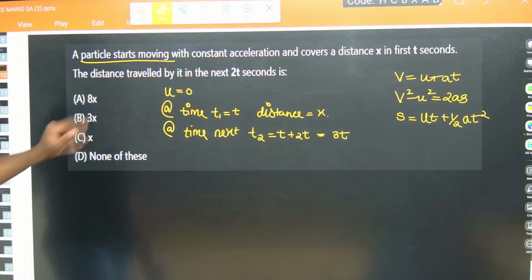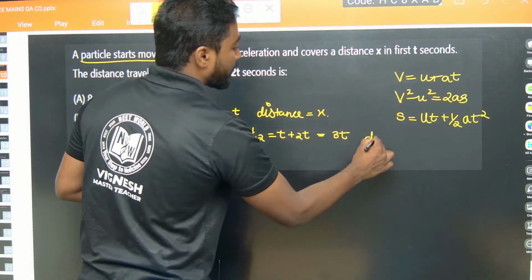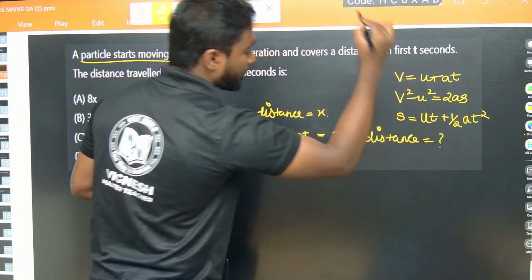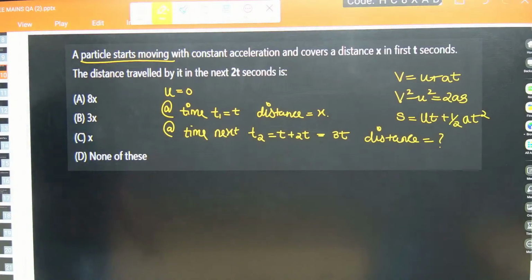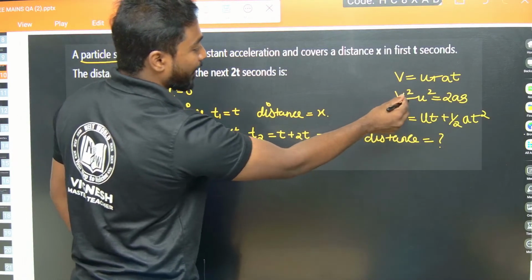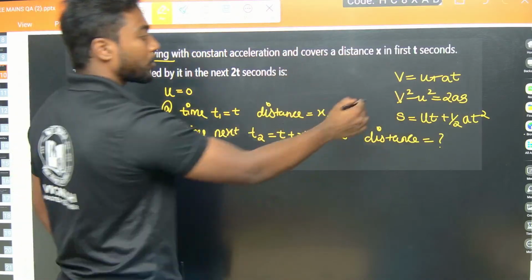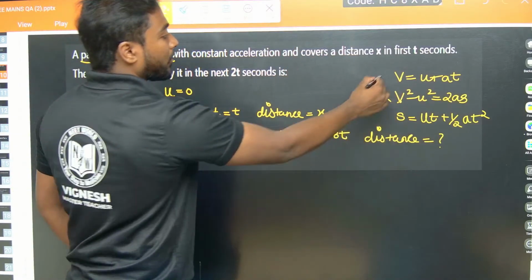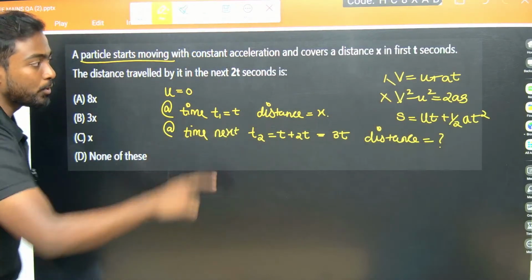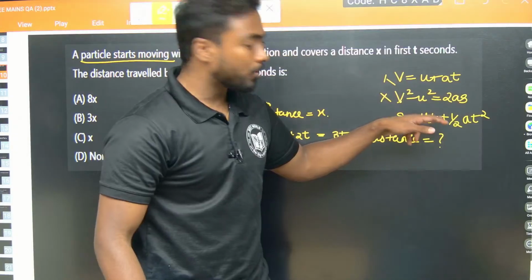Okay, so I need to find the distance. Now I can use the equation. The final velocity I don't know, so no need to use the second equation; the third equation I can use. So s equals ut plus half at square, where u is equal to 0.